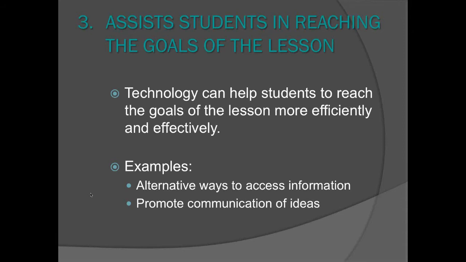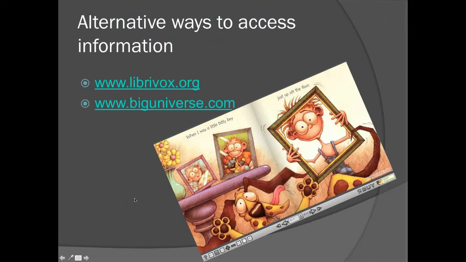So for number 3, technology can assist students in reaching the goals of a lesson. Technology can really hold promise for that as well. A couple of ways that we can help students reach the goals of a lesson more efficiently and effectively is by giving them alternative ways to access information. These are 2 examples.